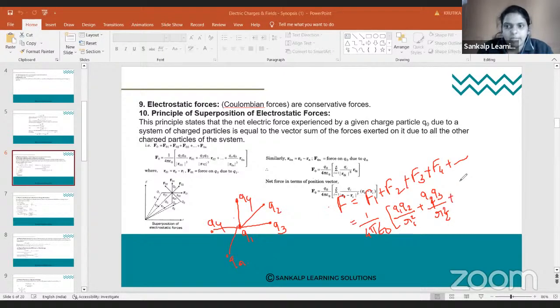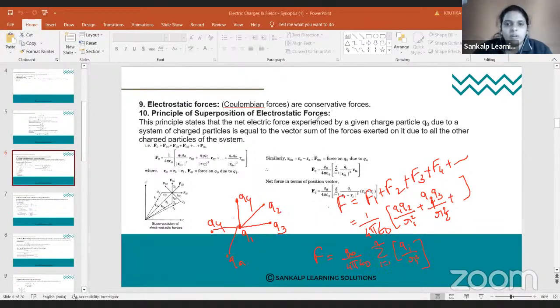Similarly up to n charges we can write. Writing this as a summation, this is our principle of superposition. It is Q0 upon 4 pi epsilon naught summation of i running from 1 to n, and inside the bracket it is Qi by Ri square. We substitute the i value as 1, 2, 3, 4 up to n terms.